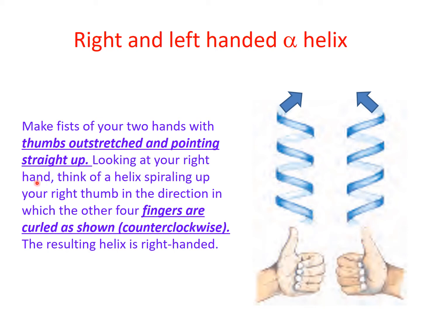Looking at your right hand, think of a helix spiraling up like this. Your right thumb is in the direction in which the other four fingers are curled, counterclockwise like this.